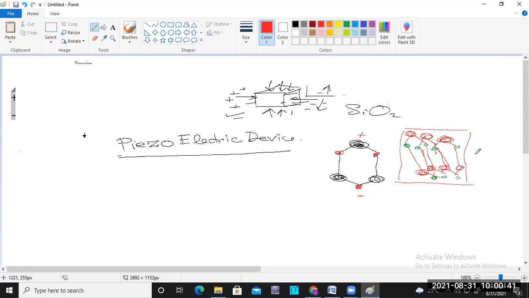So you can see whenever some compression or tensile force acts over this crystal, all silicons gather at one surface and all oxygens gather at the opposite surface. All the oxygens provide the negative charge, and all the silicons provide the positive charge.